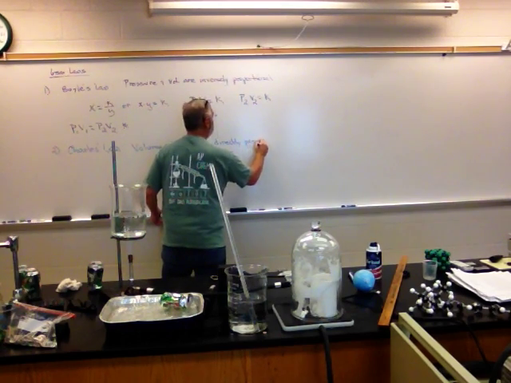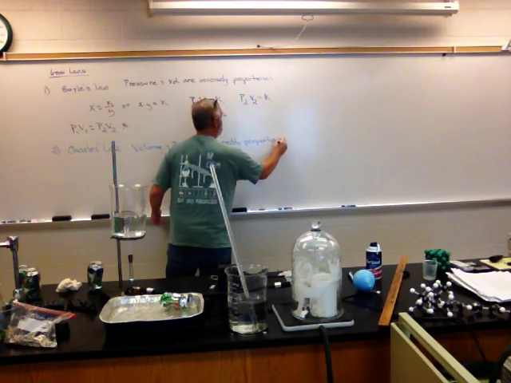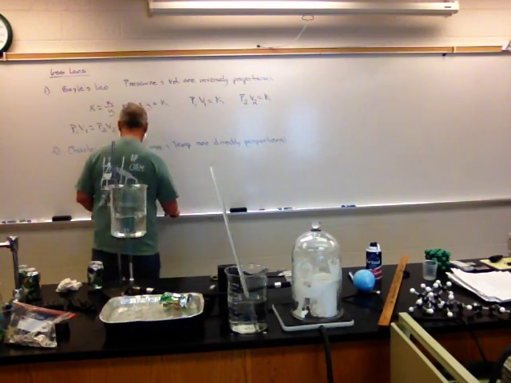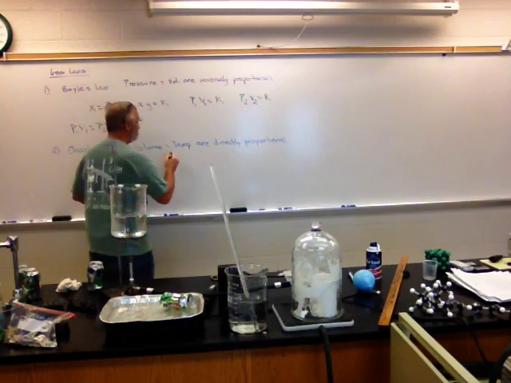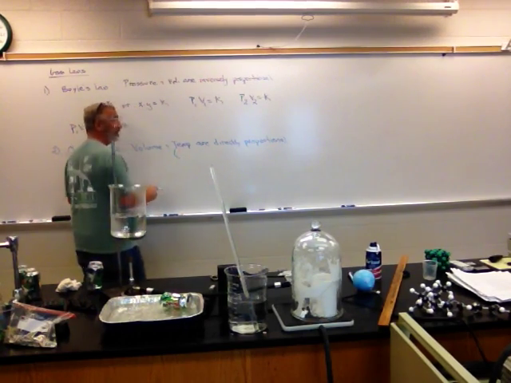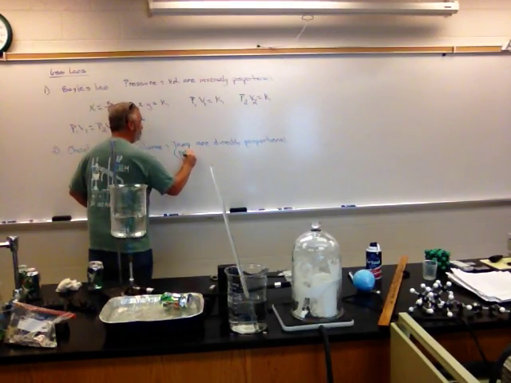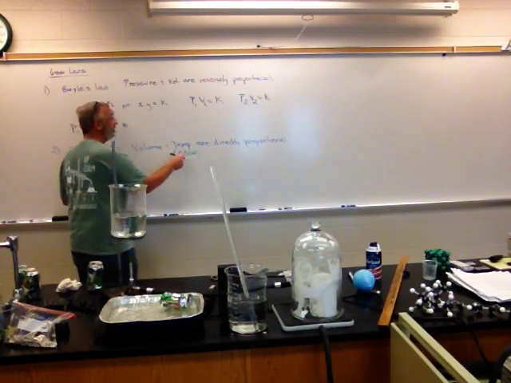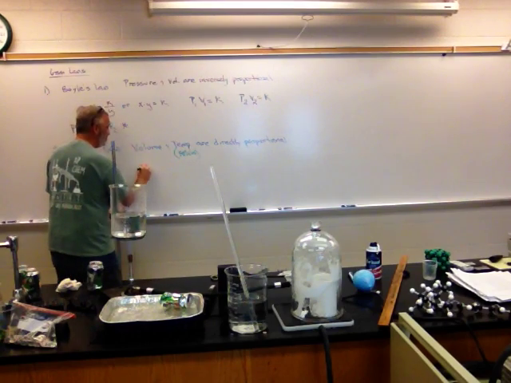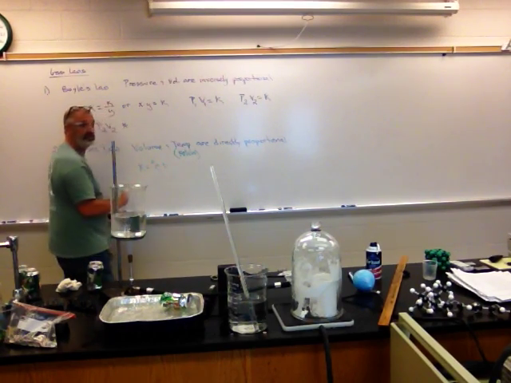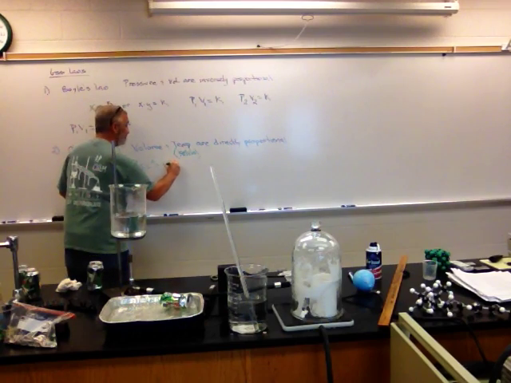Now, what must be true about the temperature? What unit must the temperature be in? Celsius. No. Kelvin. Okay? The Kelvin temperature. So volume and the Kelvin temperature. And Kelvin is going to equal degrees Celsius plus 273.